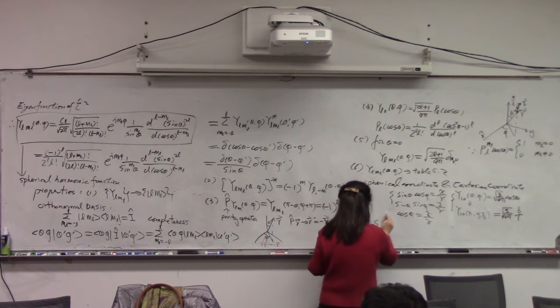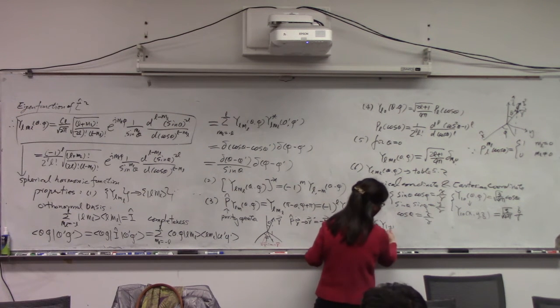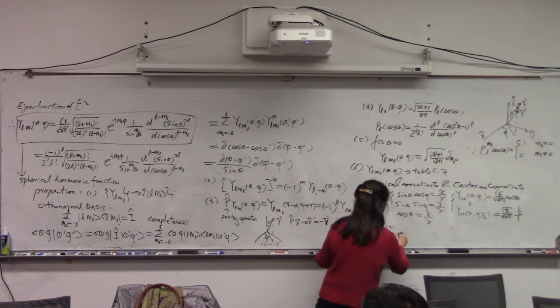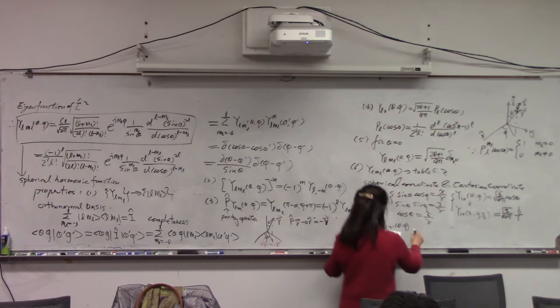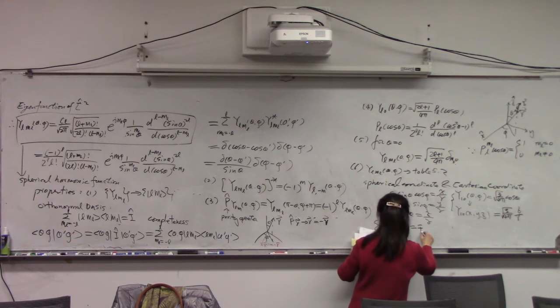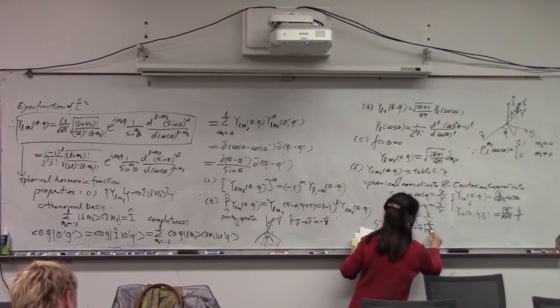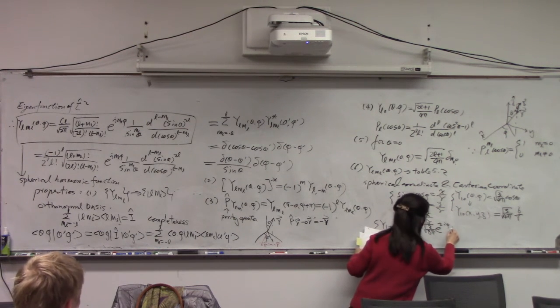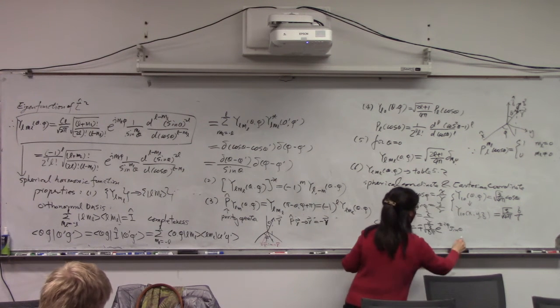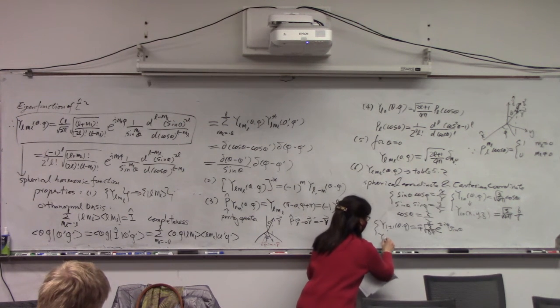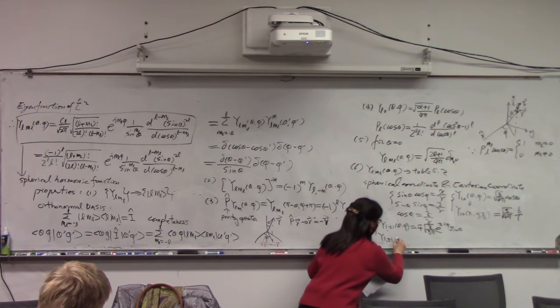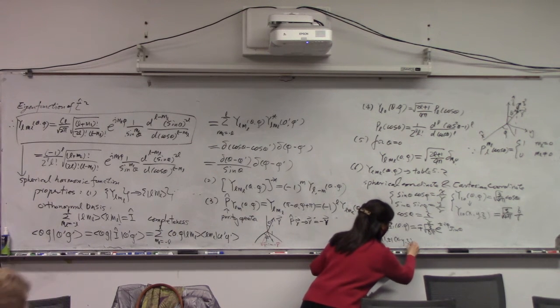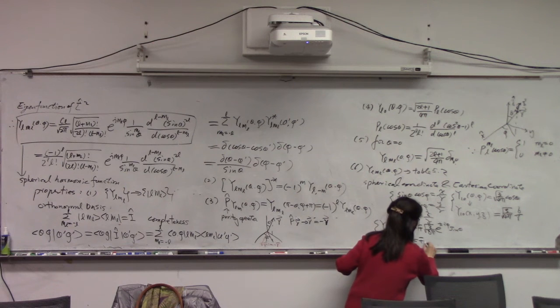Now the second one, Y1 plus or minus 1, so m equal to plus or minus 1. In spherical coordinates, that is minus plus square root of 3 over 8 pi, exponential of plus or minus i phi, times sine theta. In the Cartesian, let's keep the constant here.